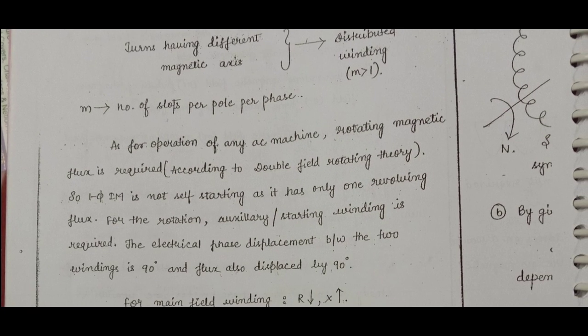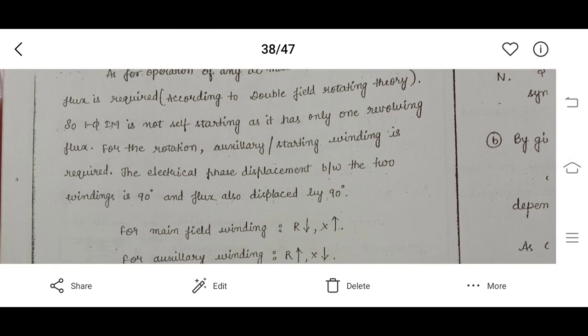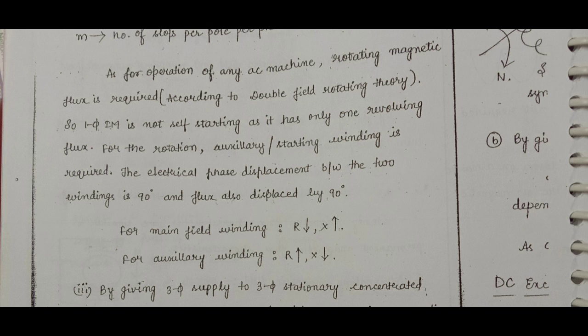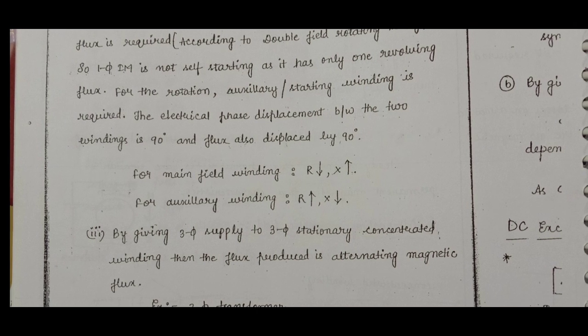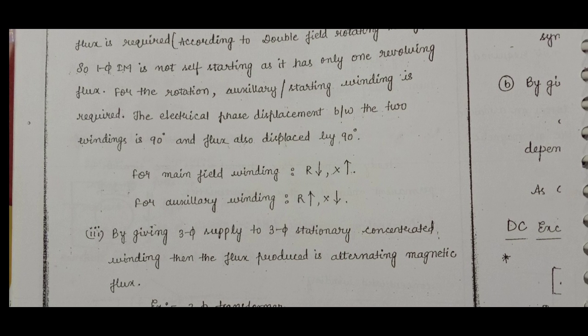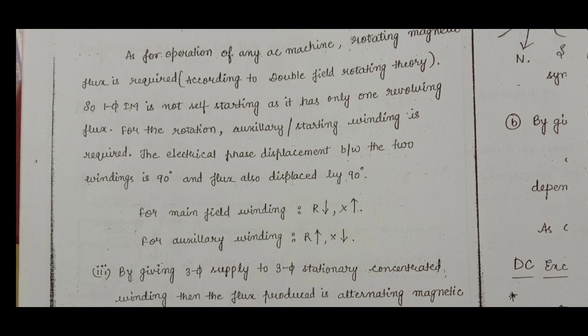So the next topic is alternating flux. If alternating flux is given to a rotating machine like a single phase induction machine, we see it in home appliances like fans, coolers, washing machines, and water pumps.